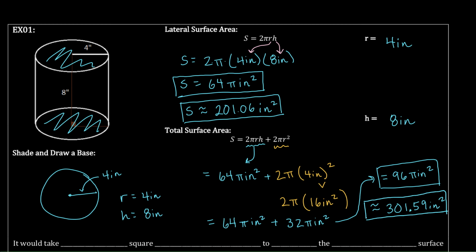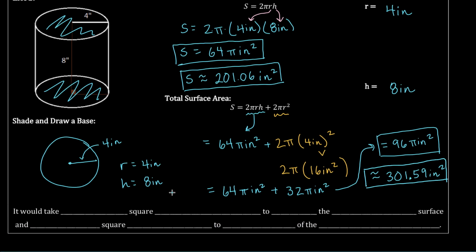Okay. So I'm going to say approximately, I'll just write this in a different color. It would take approximately 201.06 square inches to cover the lateral surface, like this part right here.